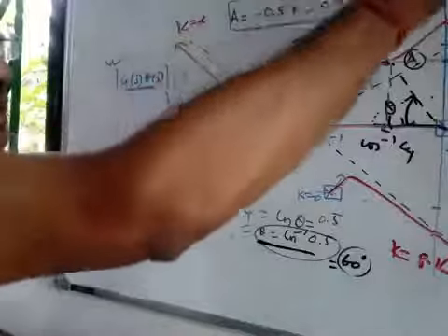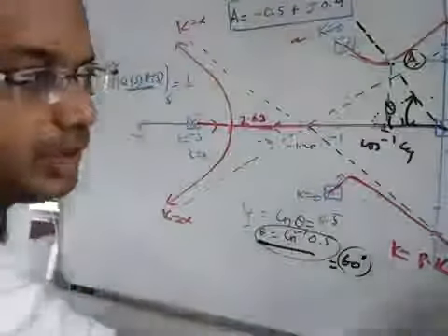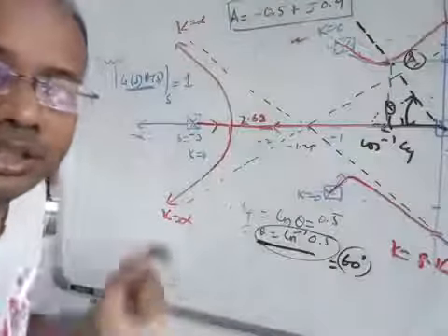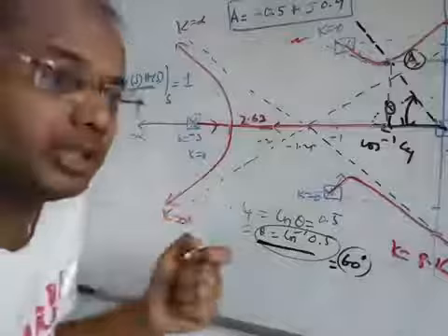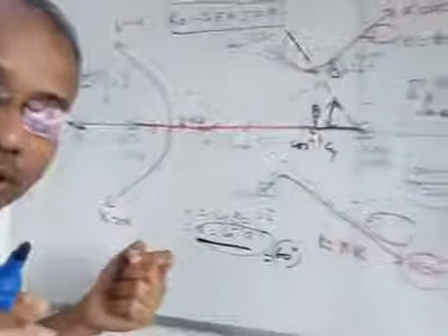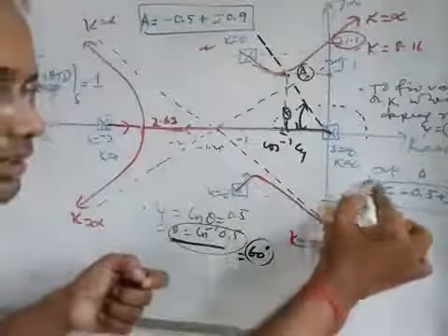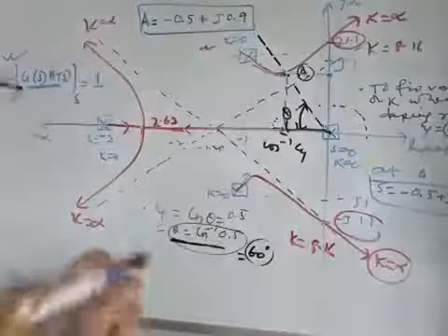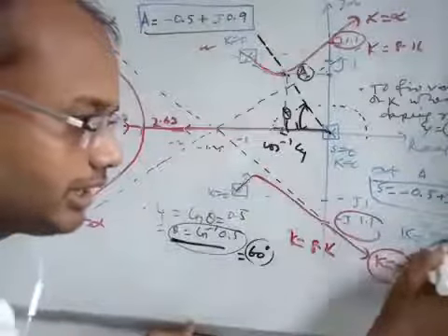So mod of G(S)H(S), and you put the value of S equal to -0.5 plus j 0.9. Once you put this value, you will get a certain value of k. These equations we have already derived, to get the value of gain at different values of S. Here the value of S is complex, so put this value, get the modulus of it, and finally multiply these values to get the value of k.